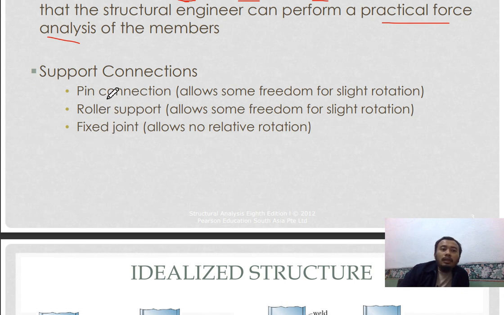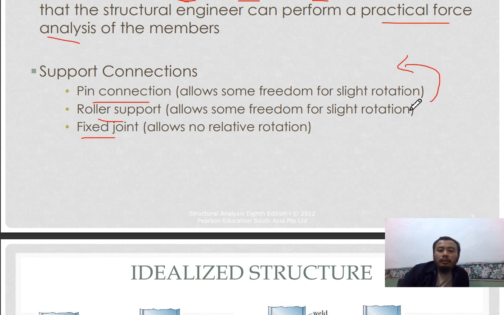Sometimes the connections are not this idealized, not totally pin, not totally roller support, not totally fixed joint. But in the analysis of an idealized structure, we simplify it to become a fully pin connection. When it's a pin connection, then you don't have any moment or rotation restriction.